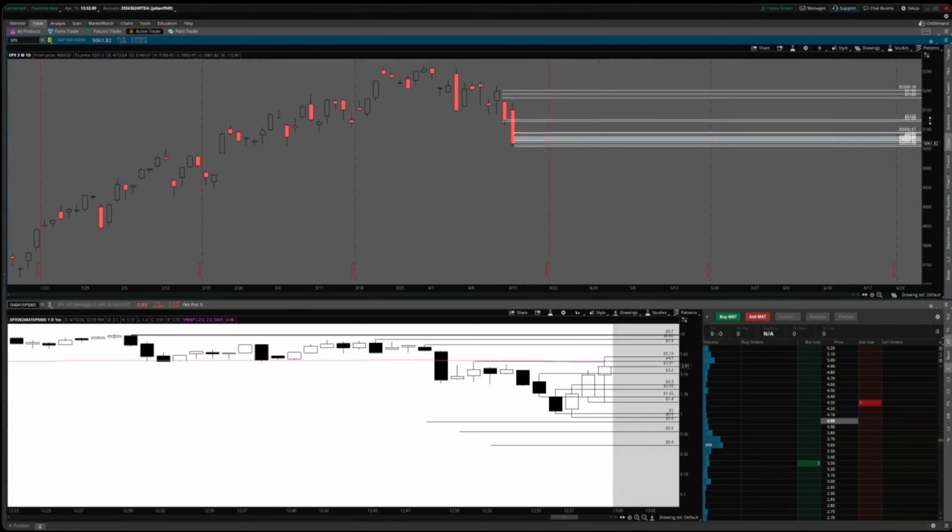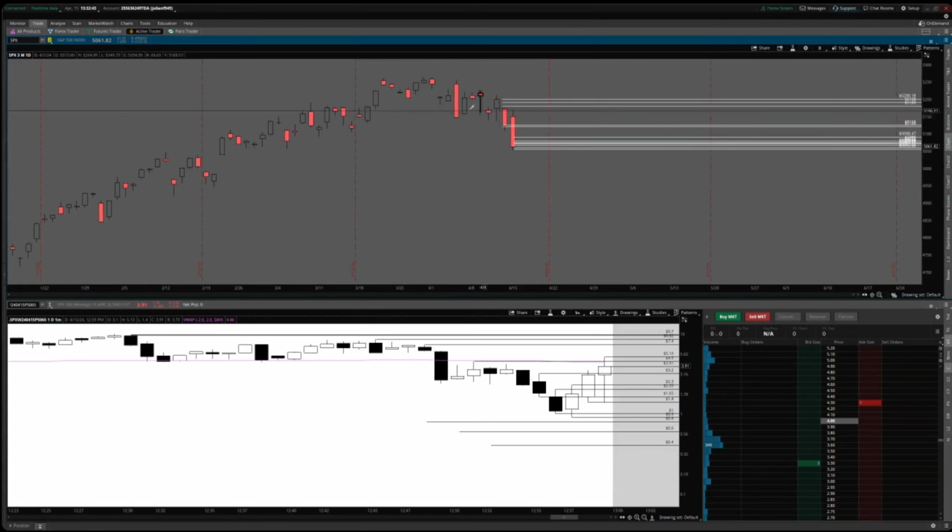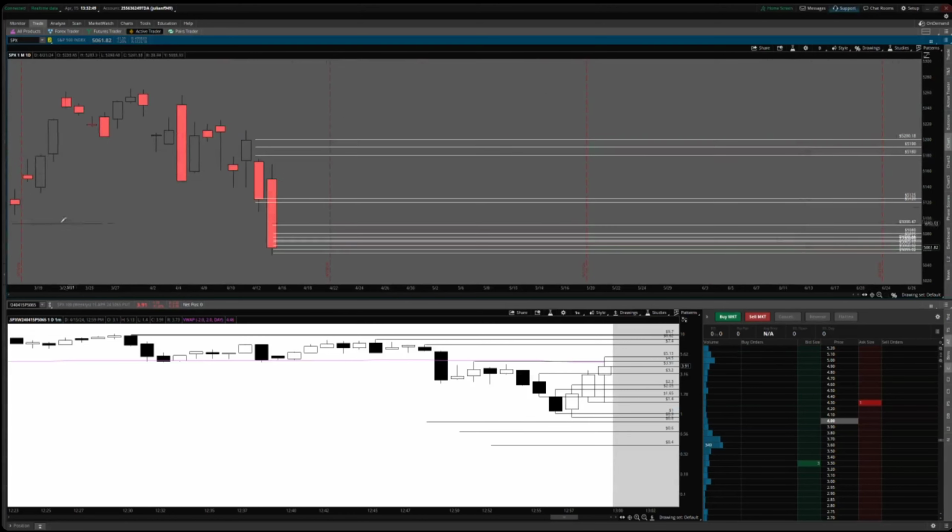So here's the daily candle. I actually like just the 1 month, 1 day. I don't need more than a month time frame. So obviously we see last Friday we pushed down. Last week we closed bearish.